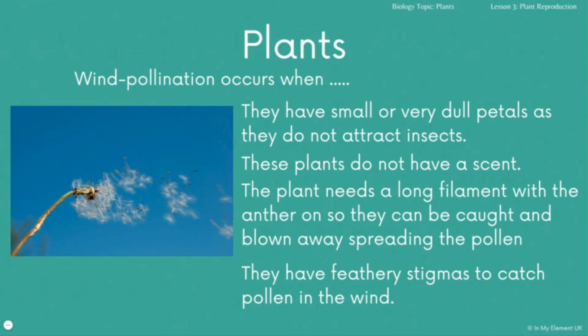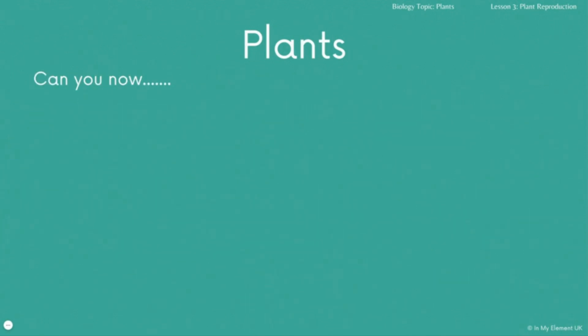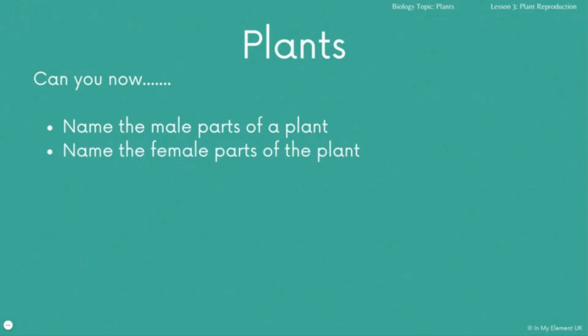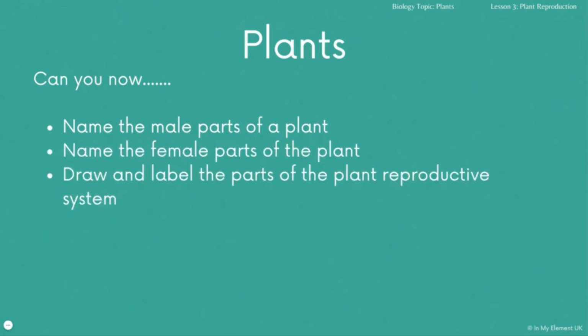So we've looked at wind pollination and insect pollination. We've also looked at the male and female reproductive organs of the plant. What you need to make sure you can do is the following. Make sure you can name the male parts of a plant and the female parts of the plant. Really useful if you can also draw and label the parts of the plant reproductive system.